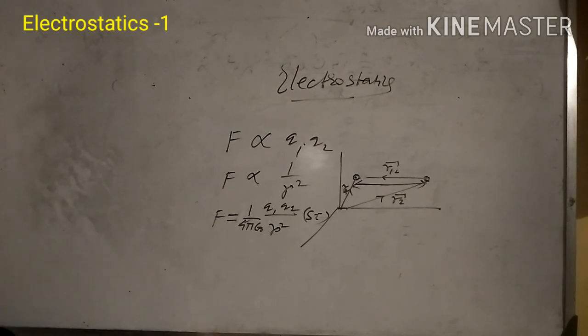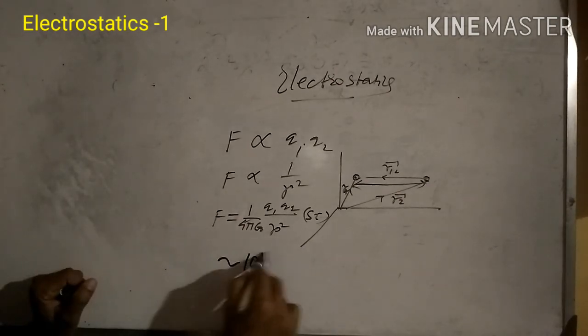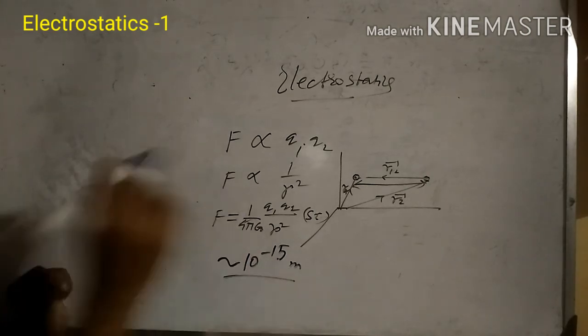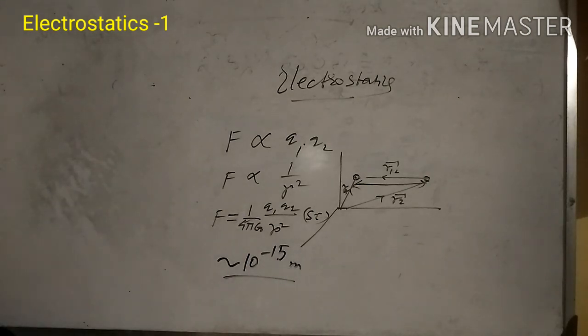Coulomb's law breaks down for very small distances. At distances like the nuclear diameter, of the order of 10 to the power minus 15 meter, Coulomb's law fails. This is the limitation of Coulomb's law.